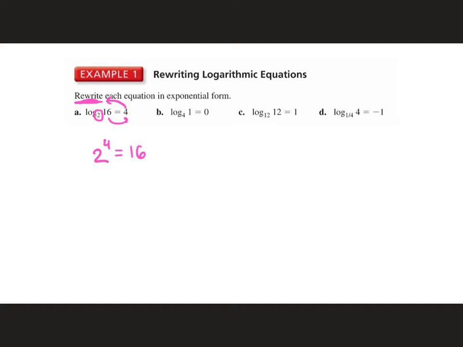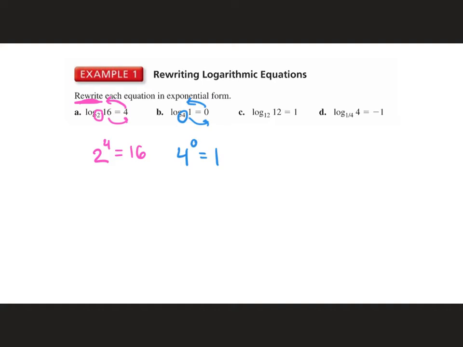So 2 to the power of 4 is equal to 16. For b, what's our base? 4. What would our exponent be? 0. And what's that equal to? 1. So 4 to the power of 0 is equal to 1.